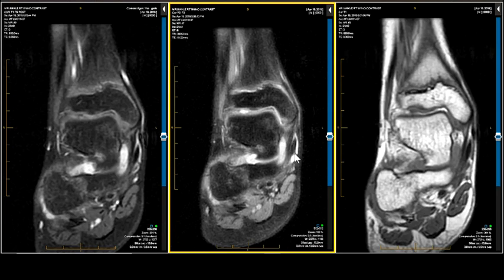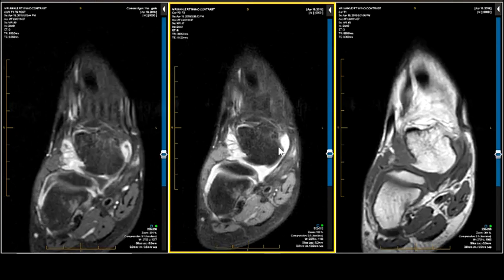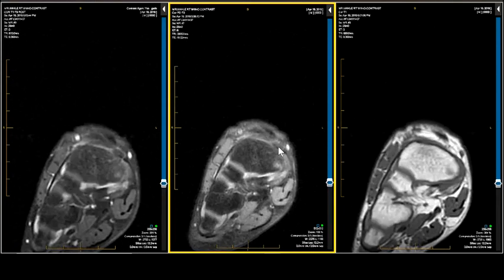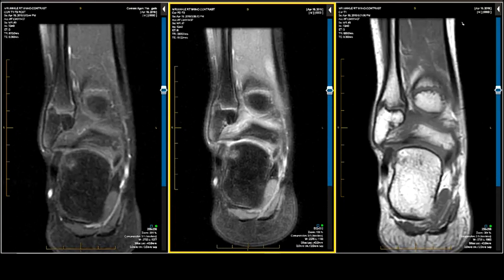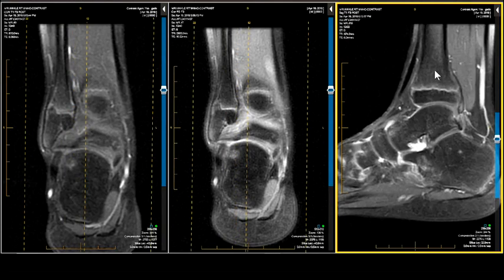There is some tenosynovitis, but no tendon rupture, and whether there are rheumatoid nodules. There are not. So this is JIA. Compare that with your RSD or complex regional pain syndrome type 1 case.